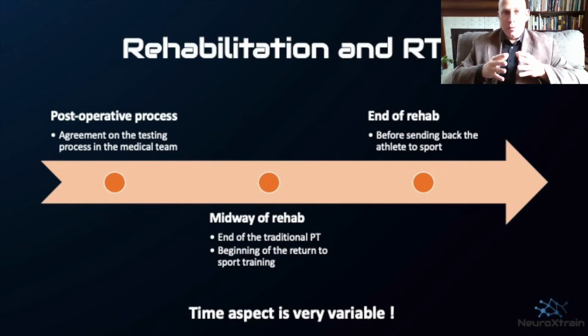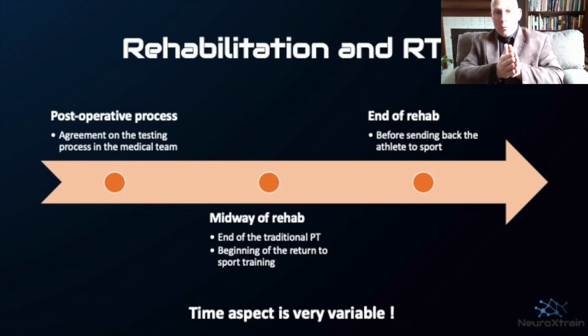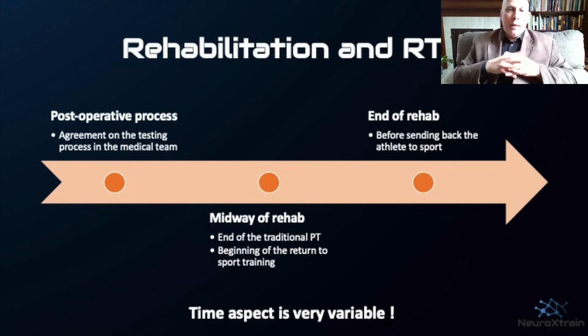So if you want to use time aspects, as early into the rehab process as the medical team is willing to do it, about 2 months into it, and then about 2 months after that. And again, we don't really use time so much because that's so variable between people.